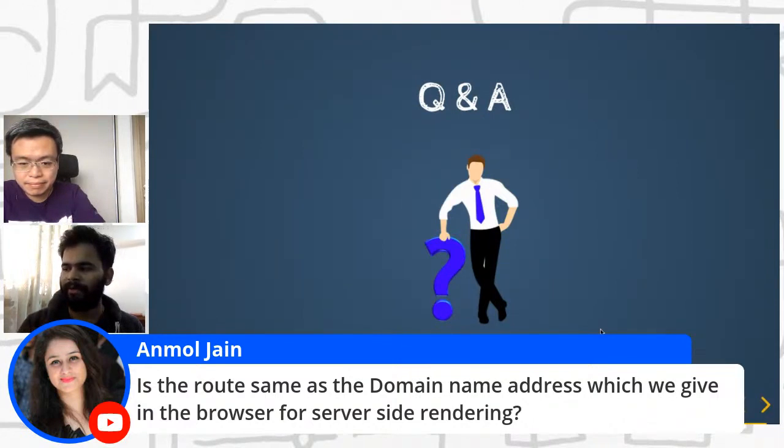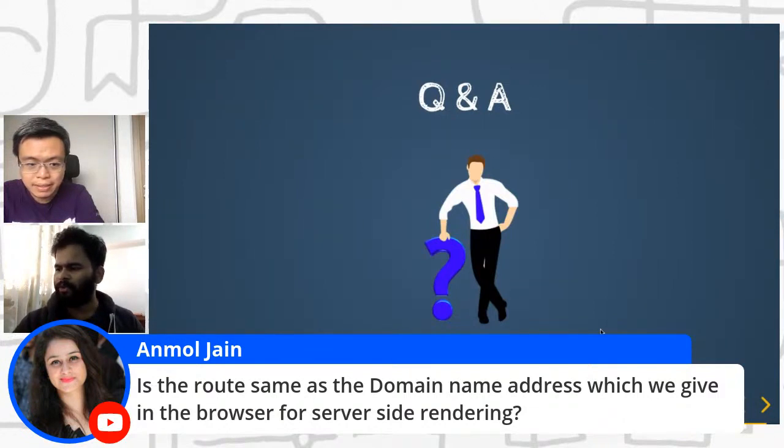Coming to the point where you are asking about the route, the domain name address which we give in the browser for server-side rendering. Ultimately, for server-side rendering, whatever is inside the URL matters. Suppose you are making a call using abc.com/home. Once that request goes to the server, it checks what is inside the URL.